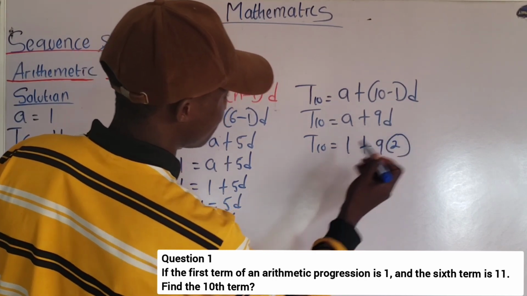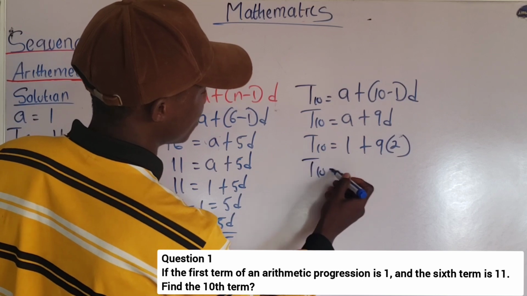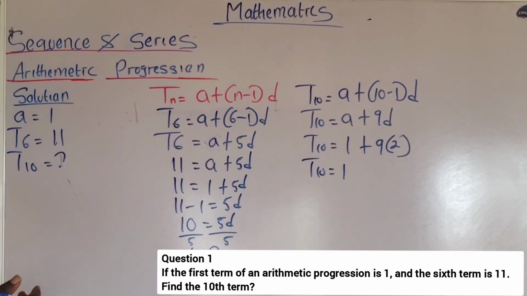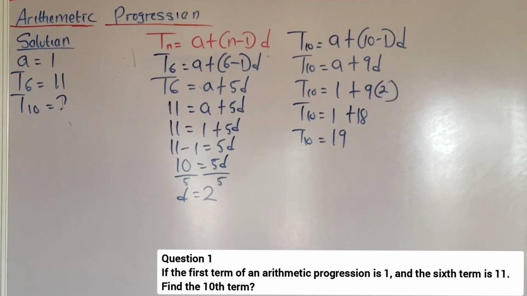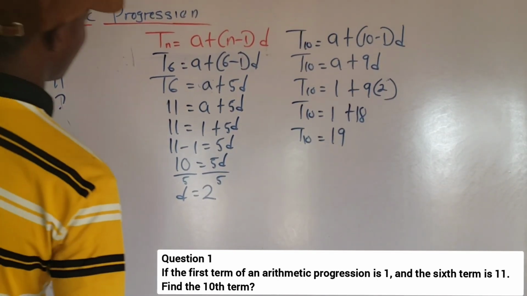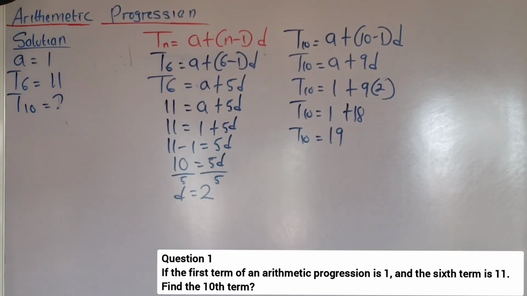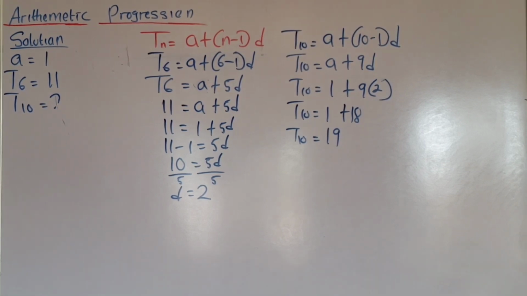So T10 equals 1 plus 9 multiplied by 2, which is 18. 18 plus 1, 1 plus 18. So the 10th term of the arithmetic progression is 19. So we are done with that question. Let's move to another question.